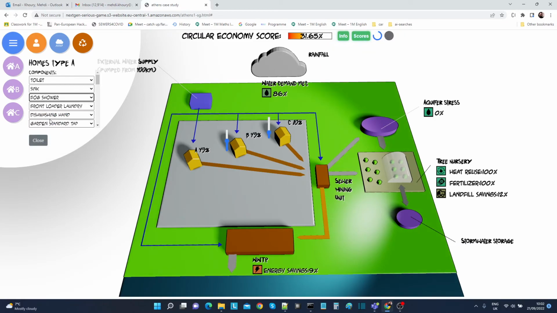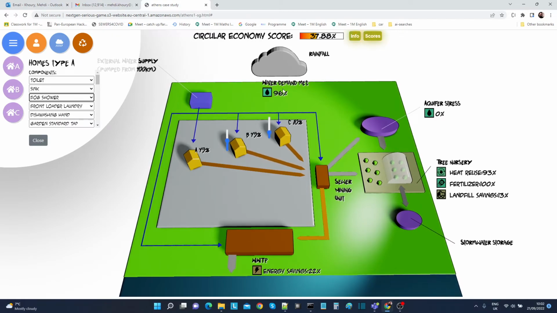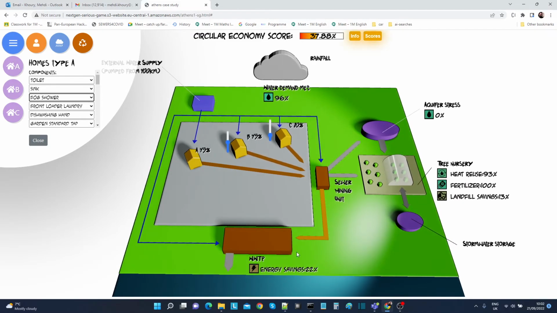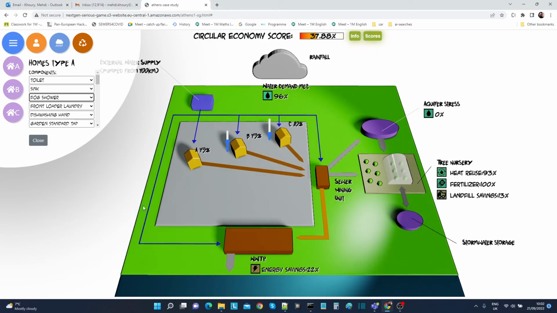So if I click on that, then you notice that your water demand goes from 86% to 96%. So we save a lot more by implementing that on the household level, and we also have a lot of energy saving, going from 9% to 22%.